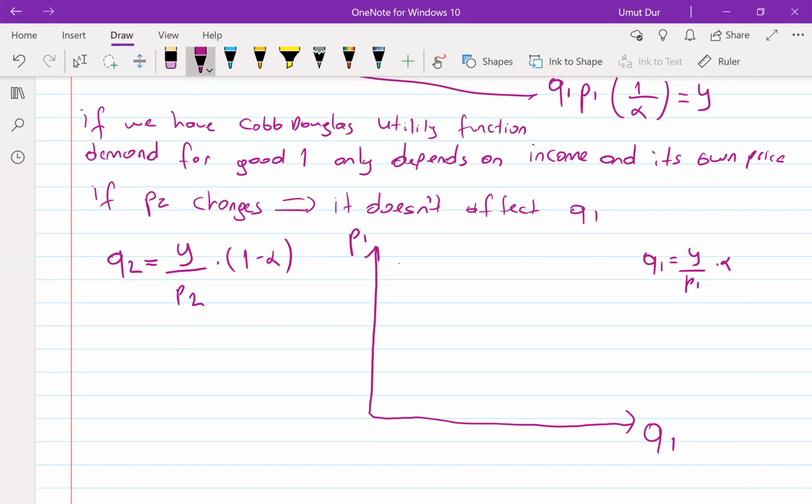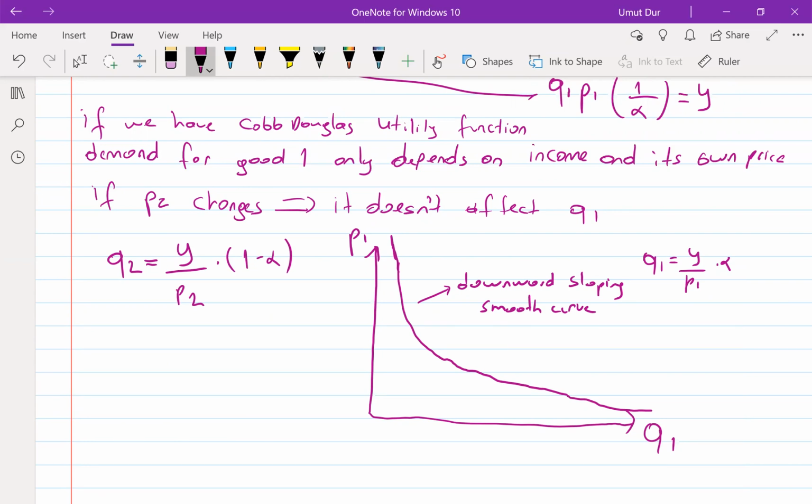So it will be something like this, a downward sloping smooth curve. Since we don't have Y in the demand curve, as P1 increases, it converges to 0 like this.